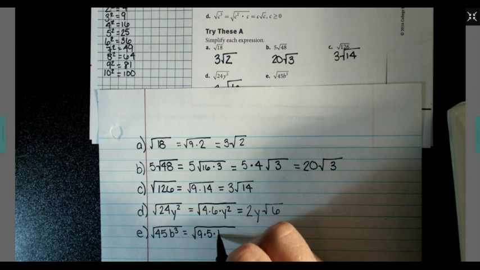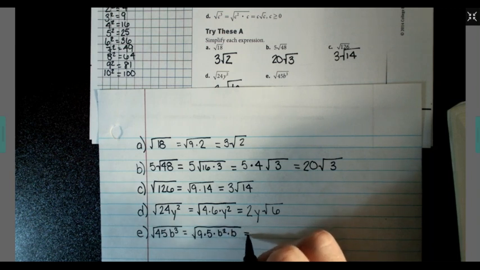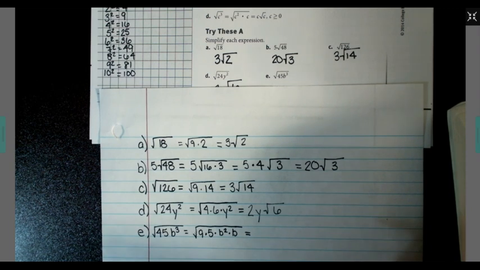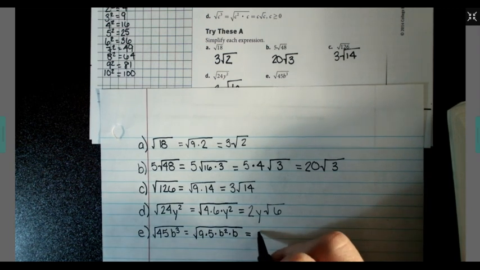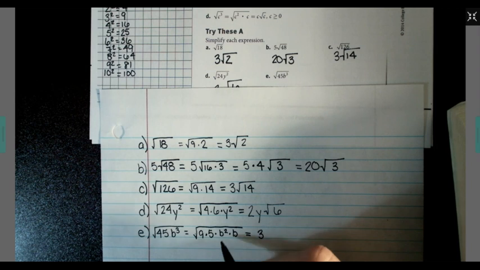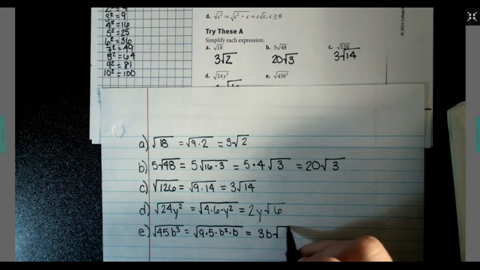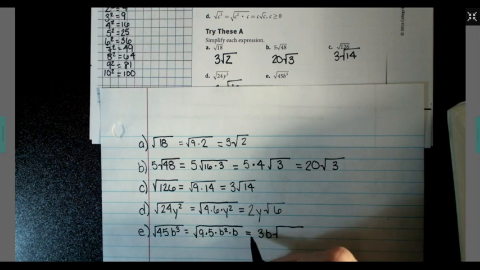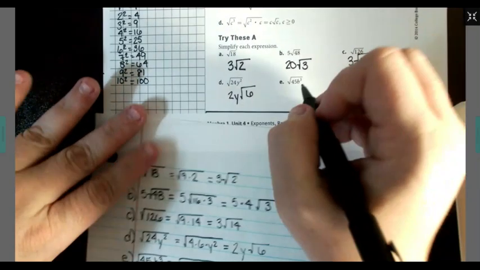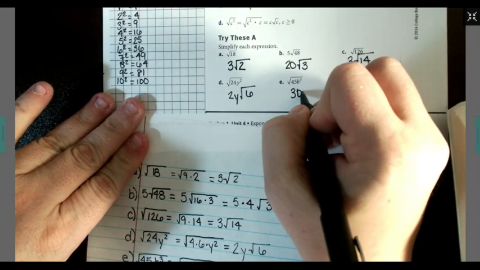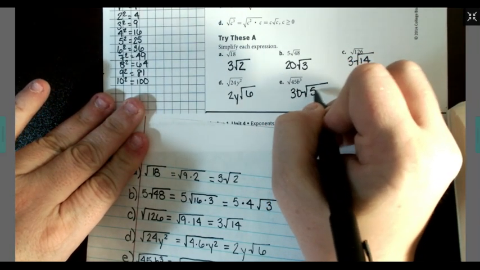And then I'm going to break this up to b squared and b. Because I want perfect squares, right? Well, the square root of 9 is 3. The square root of b squared is b. And then inside we're left with 5b. So I got 3b square root 5b.